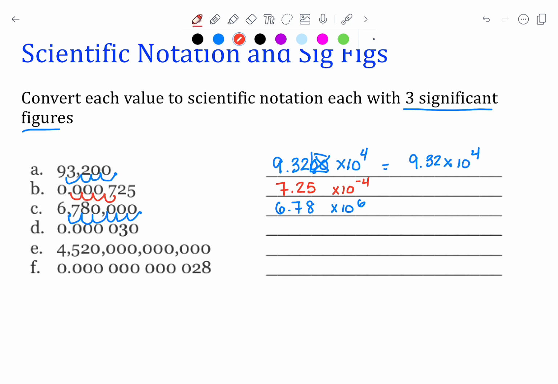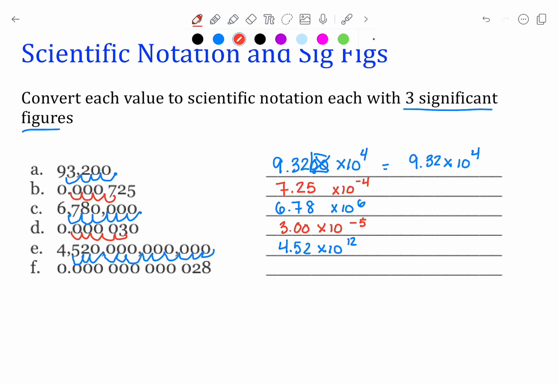Our answer for D would be 3.00 times 10 to the minus 5. We then have 4.52 times 10 to the positive 12.